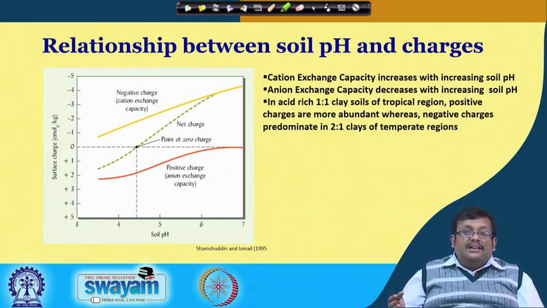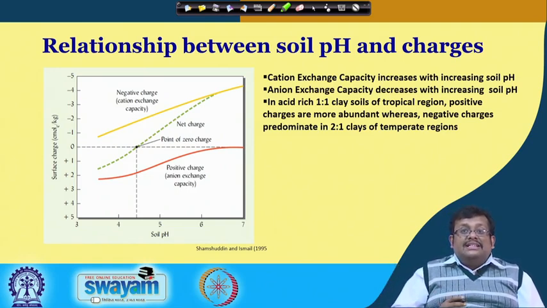As a result, there will be more ability for the soil to absorb more positive cations. So, that is why cation exchange capacity increases with increasing soil pH.